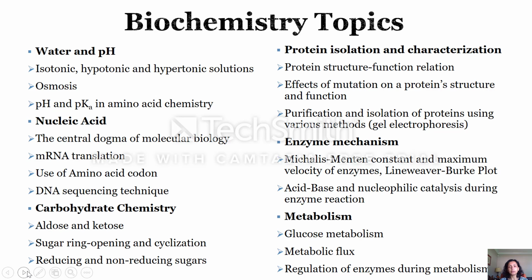We cover almost all the basic concepts of protein structure function relationship, primary, secondary, tertiary, quaternary structure, purification techniques, especially gel electrophoresis, isoelectric focusing. And then under enzyme mechanism, Michaelis-Menten constant, Km, Vmax, doing Lineweaver-Burk plot, and then acid-base or nucleophilic catalytic mechanisms.